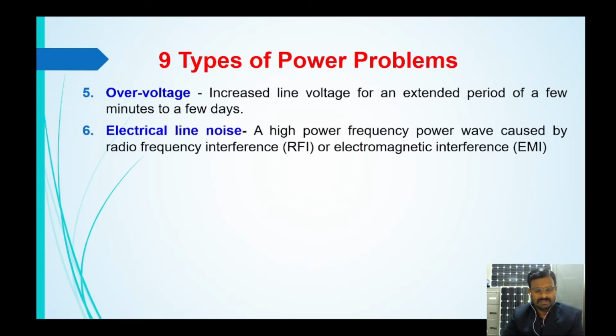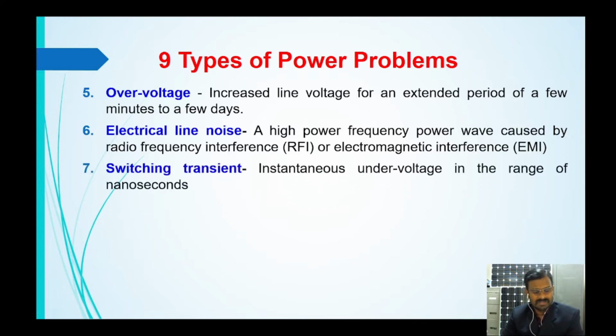Electrical line noise could be because of radio frequency interference or electromagnetic interference. Switching transients: when we switch on the load or remove the load, transients may appear for a little while.